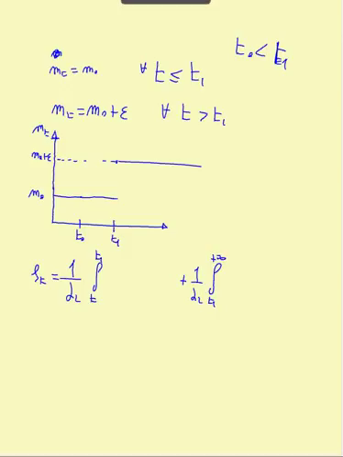Okay? What is the other part? The other part is between t and t1, the nominal money stock remains equal to M0. After t1, the nominal money stock becomes M0 plus epsilon.